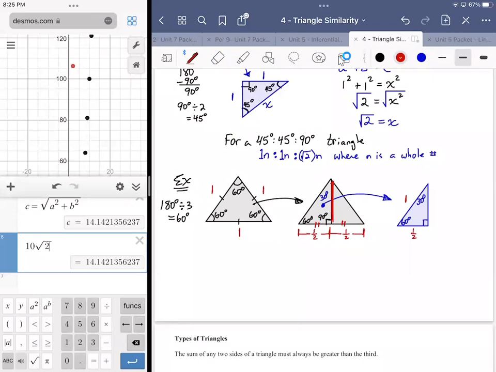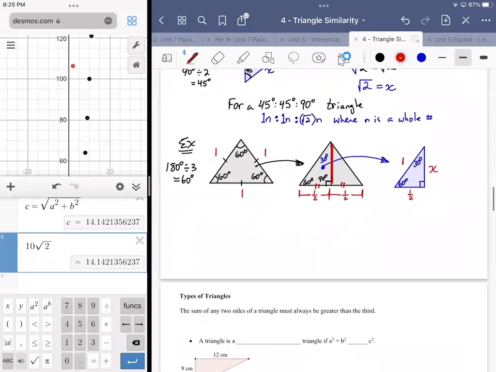So using the Pythagorean theorem, I could figure out the missing side over here. I would write (1/2) squared plus x squared is equal to 1 squared. And again, that's the Pythagorean theorem: a squared plus b squared is equal to c squared. When you square a fraction, you square the top and bottom independently.